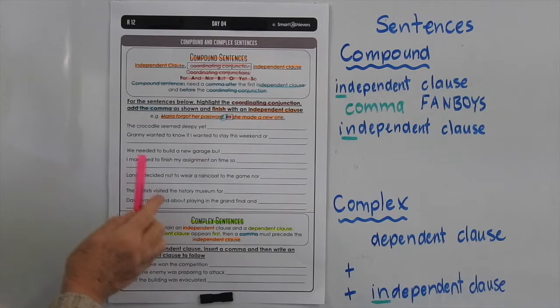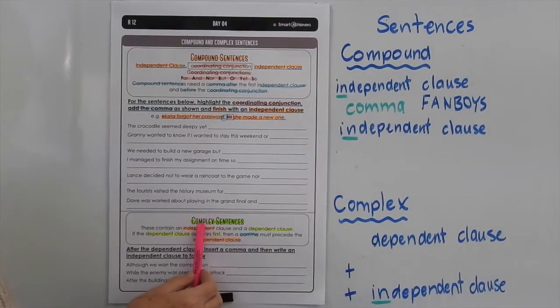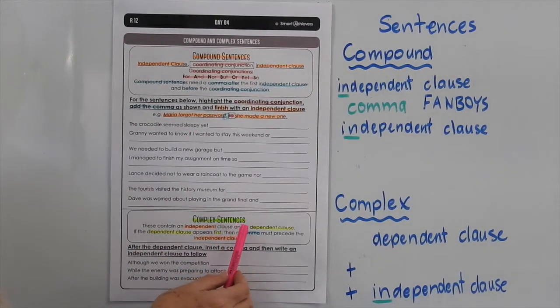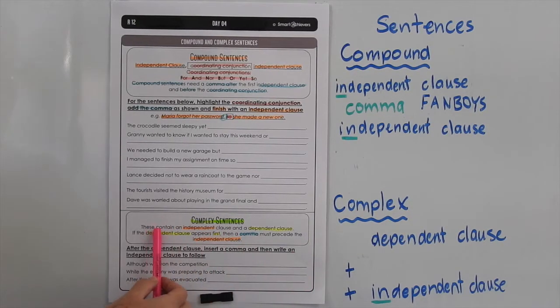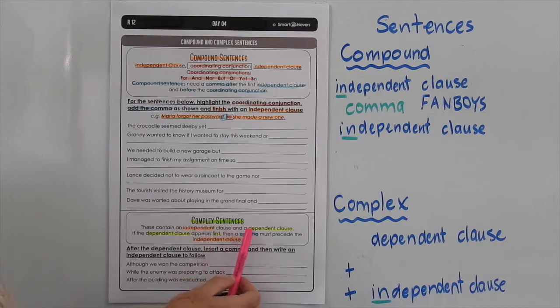Now down here we have complex sentences, and that's where we can have a dependent clause and an independent clause. We could have either first, but if we have the dependent clause first, then we have to put the comma before the independent clause.